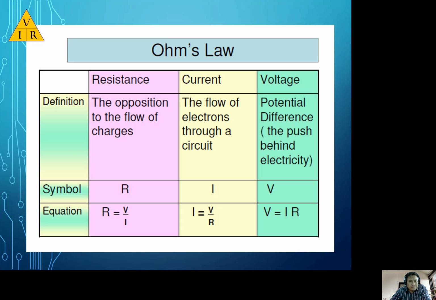Ohm's law. Resistance, the opposition of flow. Current, the flow of electrons through a circuit. Voltage, potential difference, the push behind electricity. Symbol R for resistance, I for current, and V for voltage. You can see the Ohm's law.